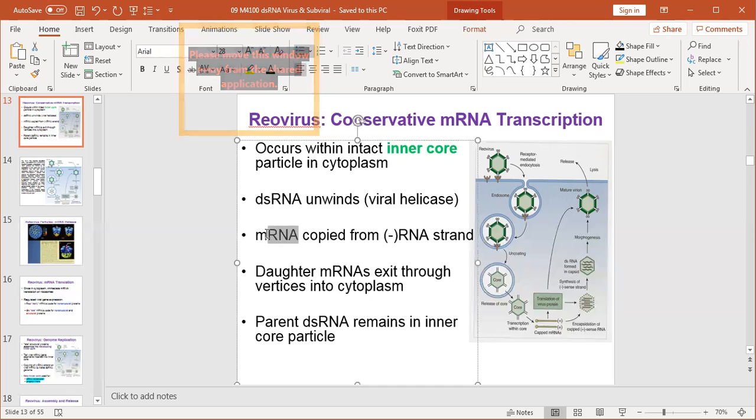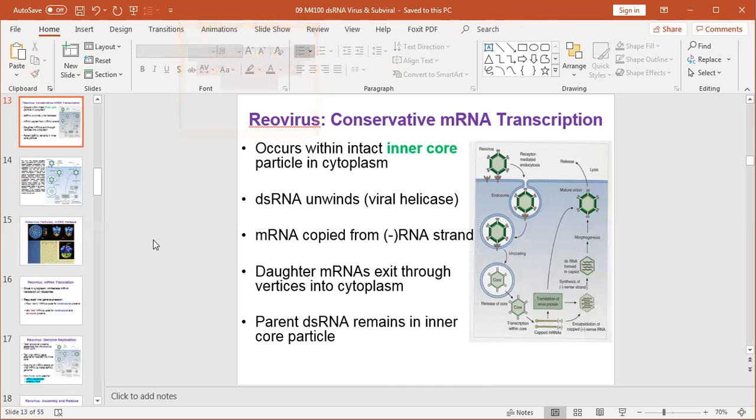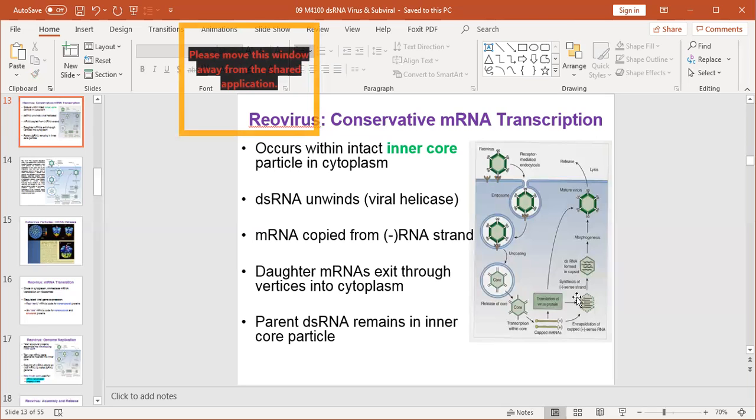The messenger RNA of the virus is being copied from the negative strand, and these daughter messenger RNAs that are being produced exit through vertices into the cytoplasm, and the double-stranded RNA remains inside of the core particle. Only the messenger RNA comes out from the core particle, but the double-stranded will remain there.